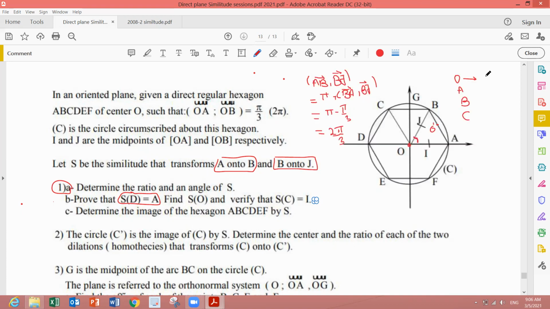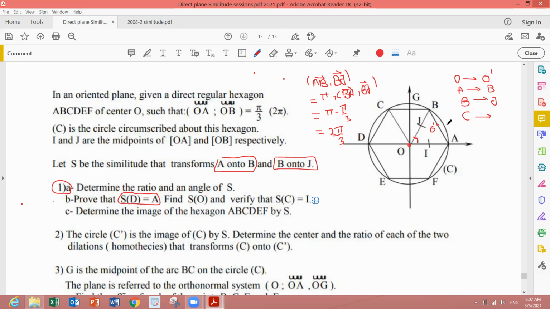It is O prime. The image of A is B. The image of B is J. So OABC is a parallelogram.